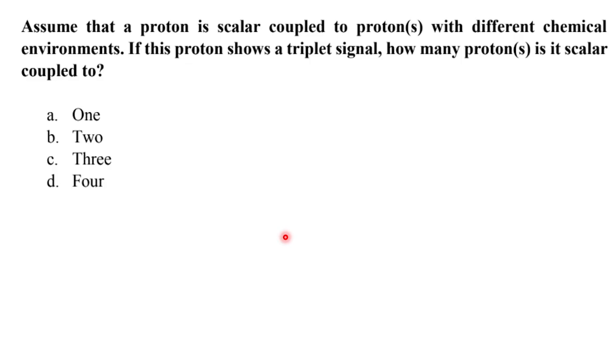If you are getting a triplet, then how many protons is it scalar coupled to? So how many different protons are actually coupled with that specific proton? Yes. If there are 2, it will be 2 plus 1, 3. If it is 3, then you will get quartet type of splitting. Okay.